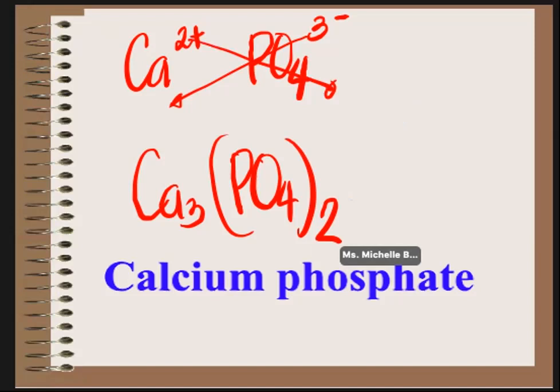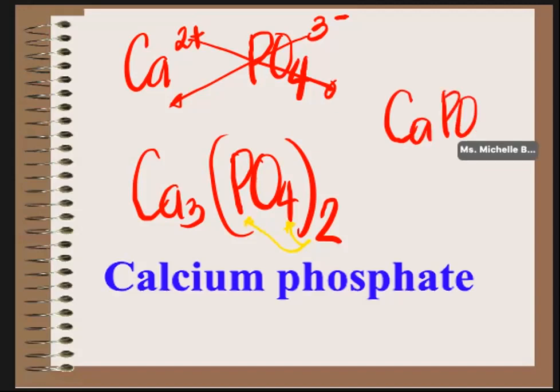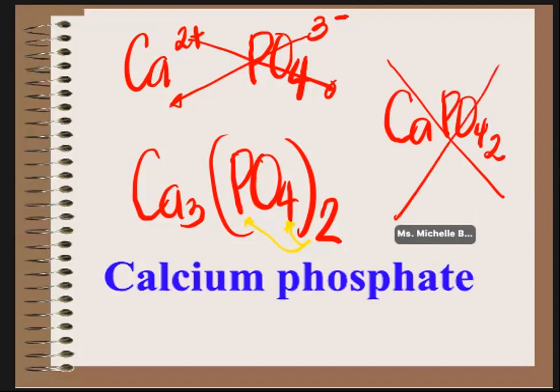Because the 2 there is a multiplier for phosphate, which means calcium phosphate has 2 atoms of phosphorus, and then 8 atoms of oxygen, 4 times 2. So it is wrong to write it as CaPO4 2. That is not correct.